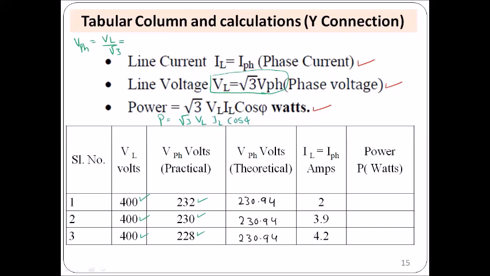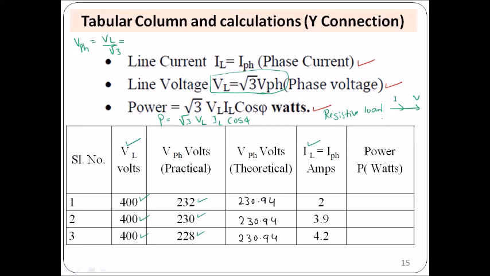Now in the tabular column, as you can see, VL is available to us and IL is also available to us. Now this cos phi we have to substitute. Since we already know that we are considering resistive load, so in the case of resistive load, if we draw the phasor diagram, voltage and current will be in phase.